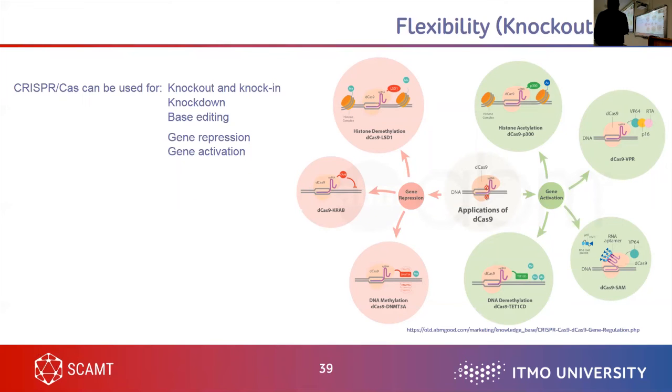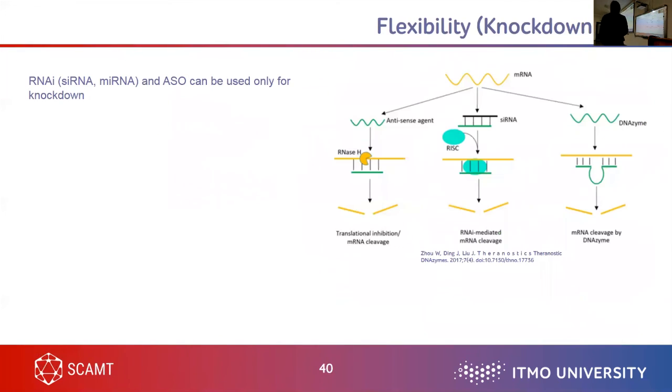In case of gene repression, CRISPR-Cas will be modified with a protein which will repress the gene expression. And in case of gene activation, Cas9 will have modifications that will launch gene expression. So we can control gene expression with the use of the CRISPR-Cas system.